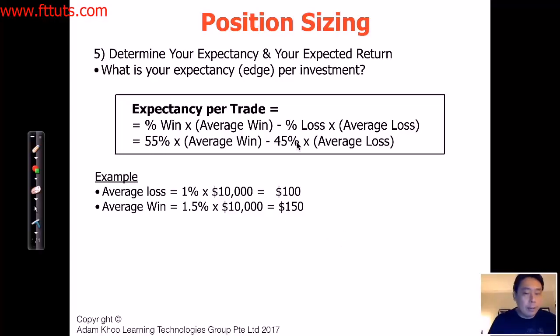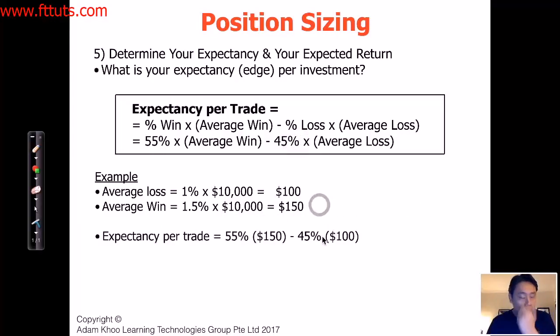So if you plug in the figures, what do you get? Your expectancy per trade will be 55% times 150, which is your average win, minus 45% multiplied by $100, your average loss. So if you do the math, that's $82.50 minus $45, that's $37.50 per trade.